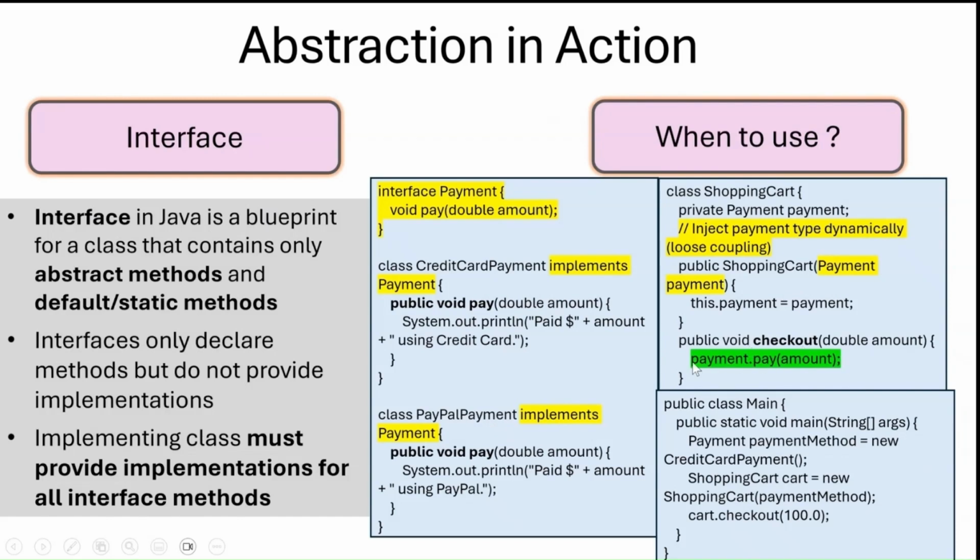So during runtime, based on the object reference, it can call the pay method of PayPalPayment, right? So we can see there is loose coupling and flexibility here. Without making many changes, we can shift the payment method easily using the interface. Right? So that is the abstraction capability.